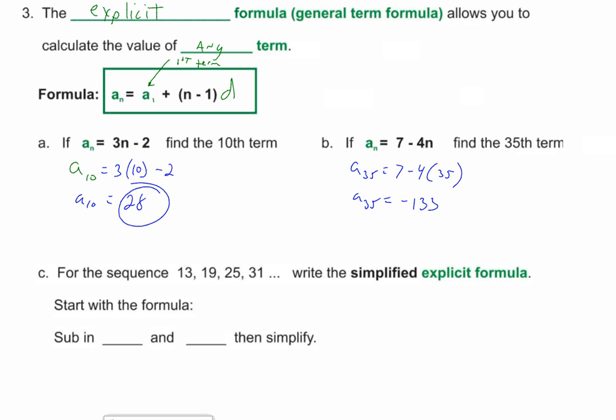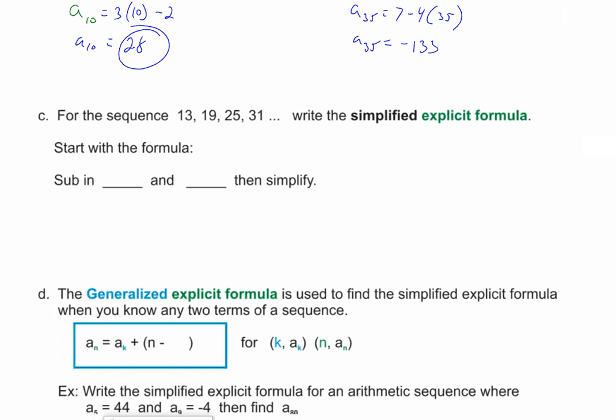All right, negative 133, am I good? All right. Hey, no big deal on those, right? Don't make those hard. Remember, the subscript is the term that you're looking at. 10th term, so the n is 10. Stick in 10 for the n. Figure it out. 35th term, the n is 35. Stick in 35 for the n, and voila.